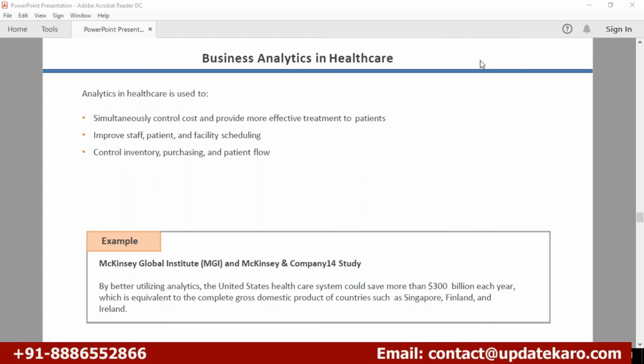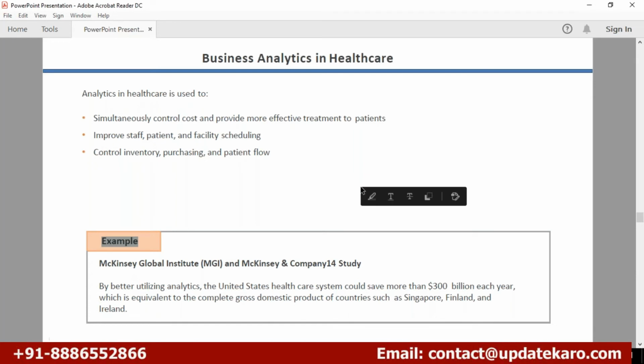When you detect the disease in advance, many things get controlled. The patient will be safe. We don't need more staff to control it. Cost will be less and treatment will be more effective. And of course, inventory control, purchasing, and patient flow, all these three things follow automatically. So this is the role of business analytics in healthcare.